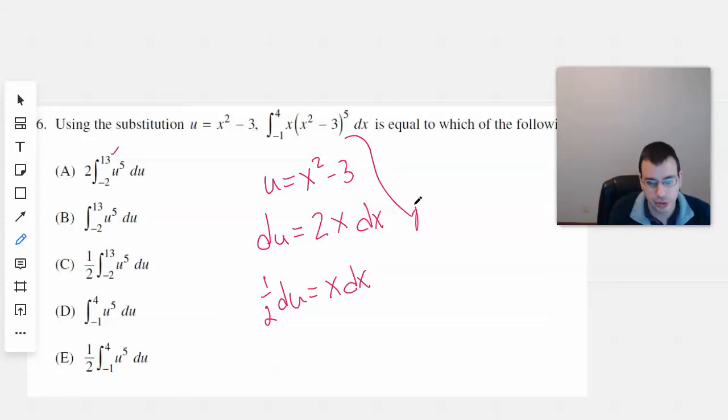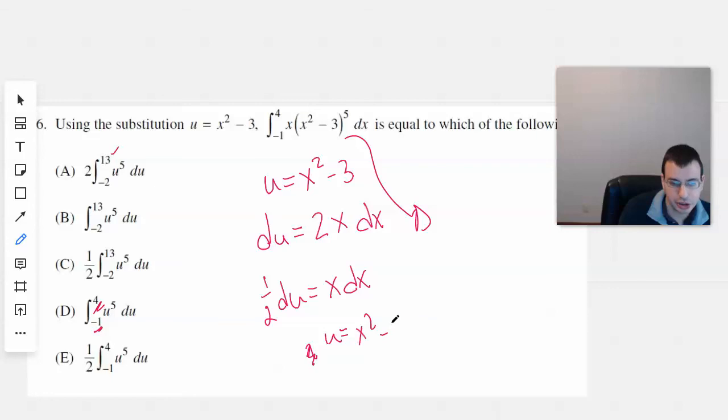So then we will rewrite this. I assume it's going to be negative 2 and 13, because they're trying to trick you here by leaving the same limits of integration. I probably could just wing it, but I should probably verify just to make sure. If I was doing this for the real test, I probably would just wing it. So u equals x squared minus 3.